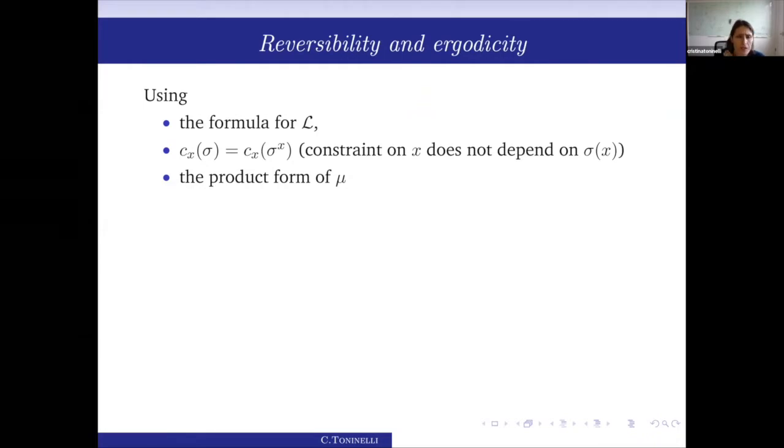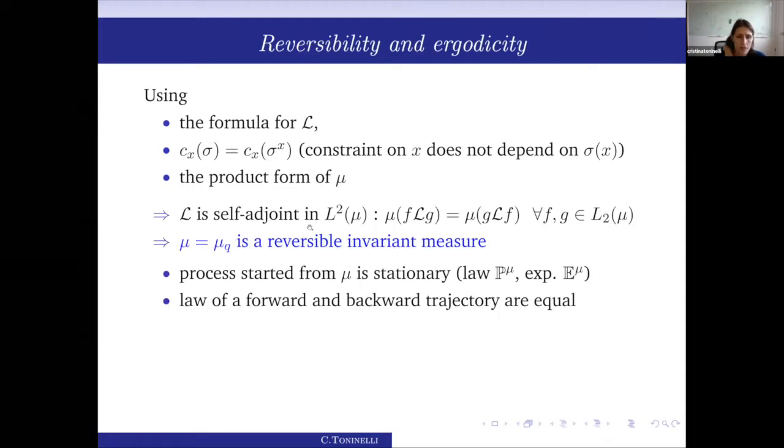Now using the formula for the generator, and using the fact that the constraint at site x does not depend on the configuration at site x, so the fact that the constraint is the same on sigma and sigma flipped at x, and using the product form of mu, it's easy to see that the generator is self-adjoint in L2 of mu, meaning that for any two functions in L2 of mu, the mean of the first function times the generator applied to the second function is equal to the mean of the second function times the generator applied to the first function.